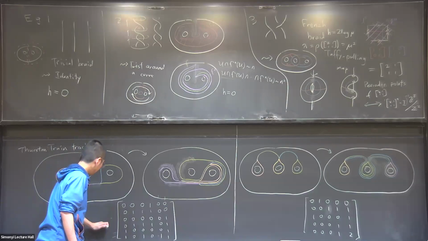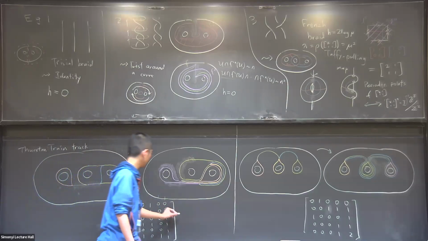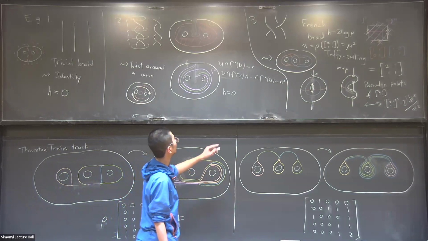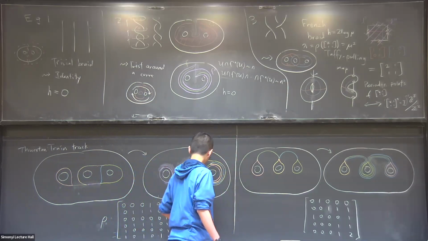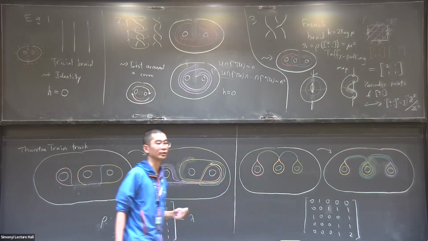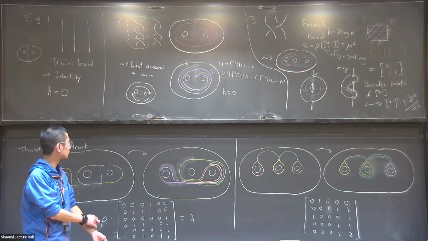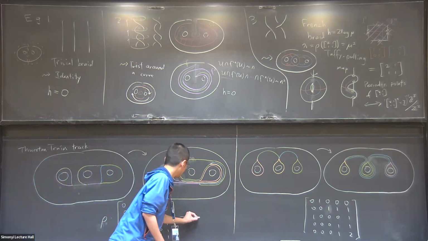And somehow the magical fact is that if you look at the spectral radius of this matrix, it would return to you the number lambda that played a role in the definition of pseudo-Anosov map. So in this case, this would be u squared.